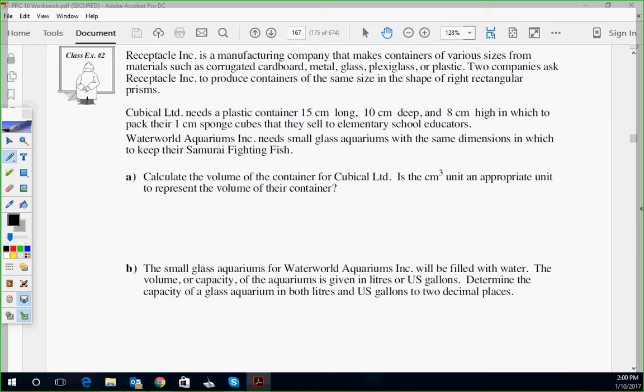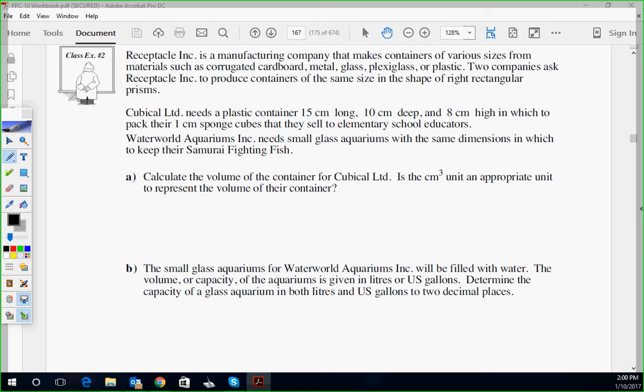One company, Cubicle, needs a plastic container 15 centimeters by 10 by 8 high in which they pack their 1 centimeter sponge cubes. So they just need an open container. Waterworld Aquariums needs the same exact size, but they want to fill it with water to transport their samurai fighting fish.